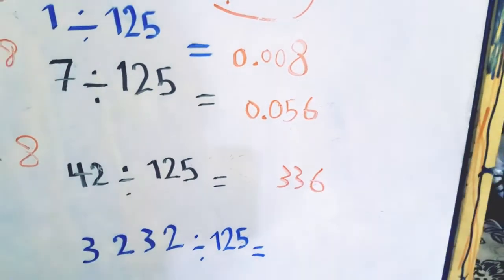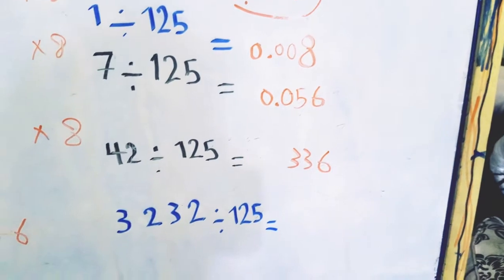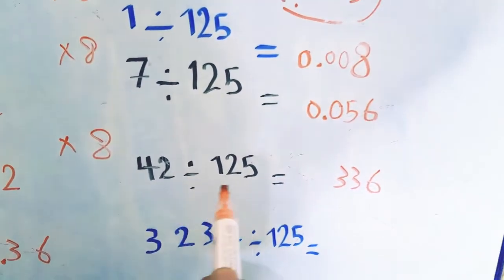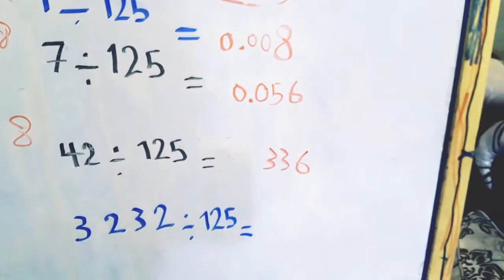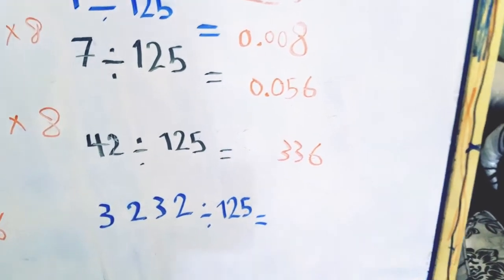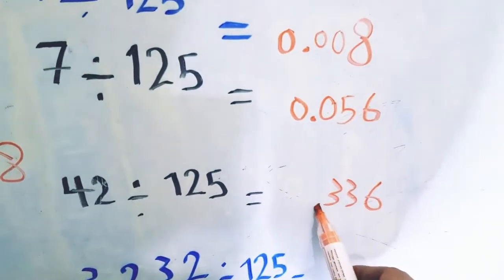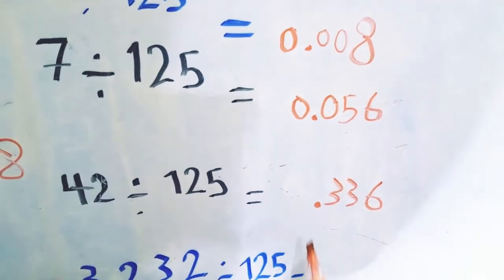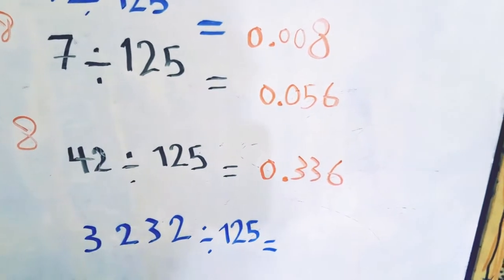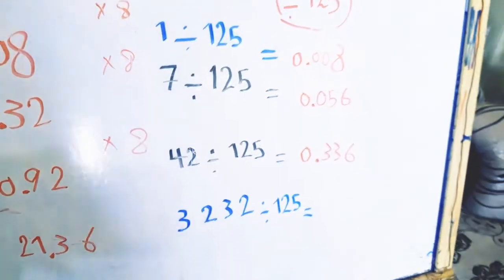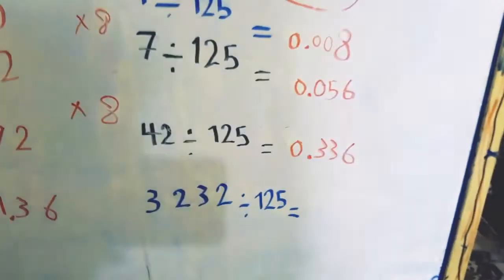Of course, as we have just said, we need 3 digits at the right side because we divide by 125. And actually, we have a 3-digit number at the right side. So we only put the decimal point followed by 0. So 0.336 is the correct quotient of 42 divided by 125.